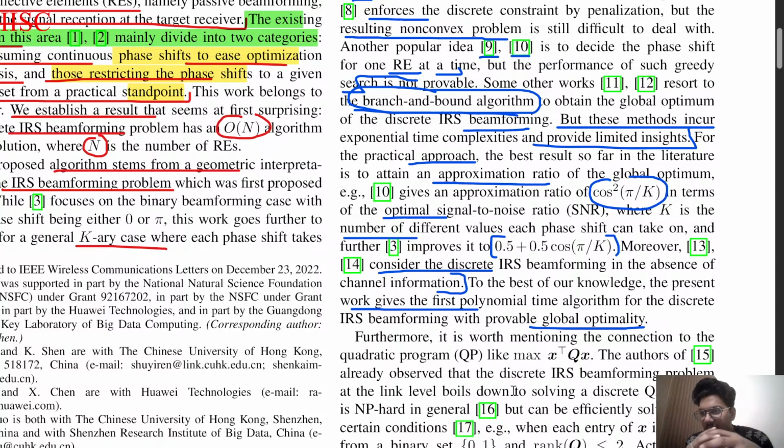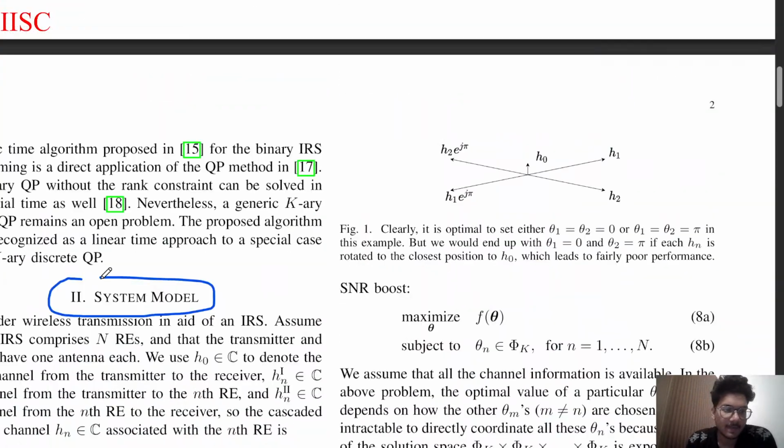NP-hard means something that is very difficult to solve in general, but can be efficiently solved under certain conditions. Each entry of X is selected from the binary set of 0 or 1, and the rank of that quadratic function is less than or equal to 2. The quadratic time algorithm proposed in paper number 15 for binary IRS beamforming is a direct application of the quadratic program methods used in paper number 17.